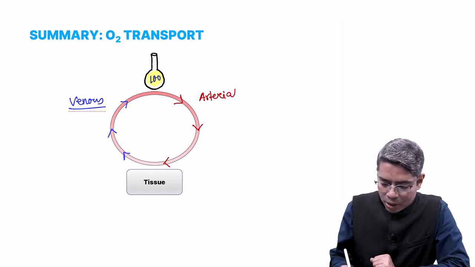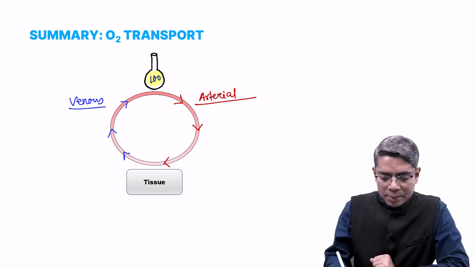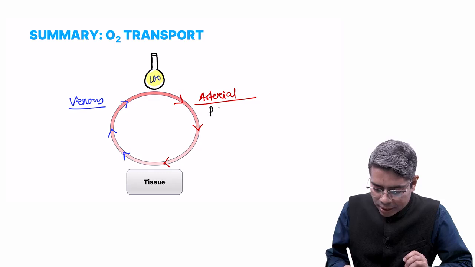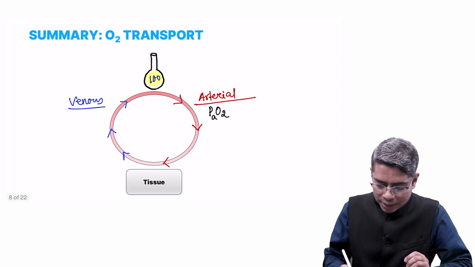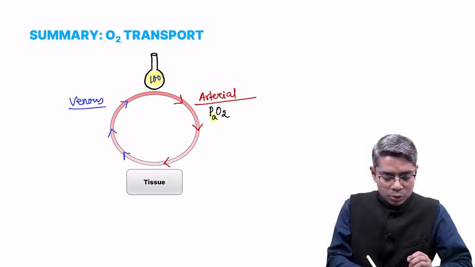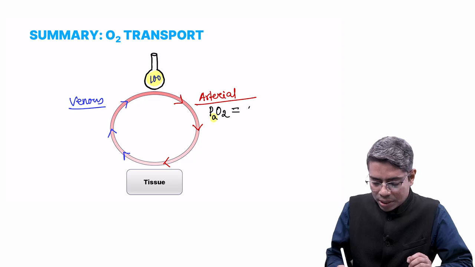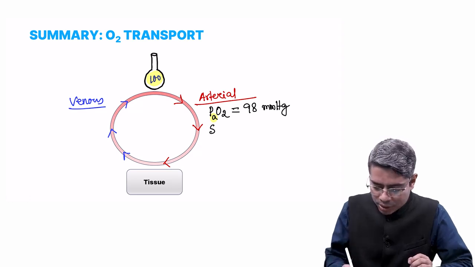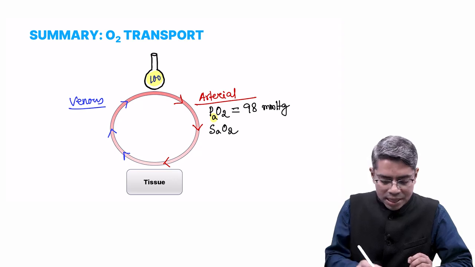So at the level of arterial blood, what are the parameters that we have understood so far? We have already calculated that the partial pressure of oxygen in the arterial blood, we put this small a, this indicates the arterial blood, is 98 millimeter of mercury. So don't forget this information. Saturation of hemoglobin in the arterial blood, SaO2.